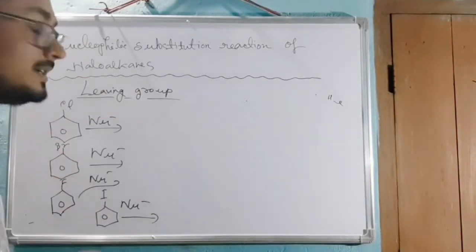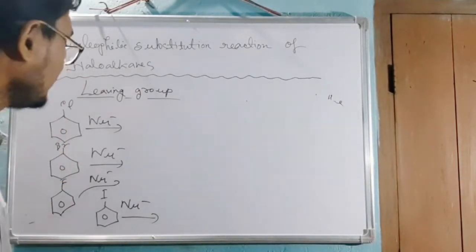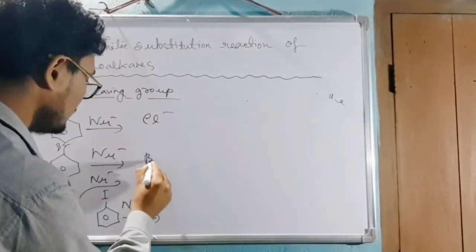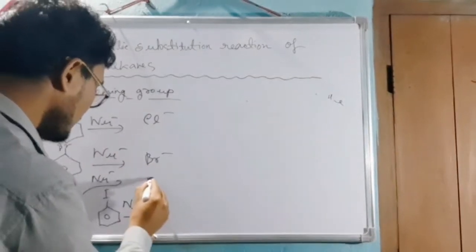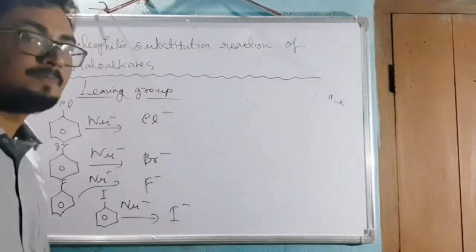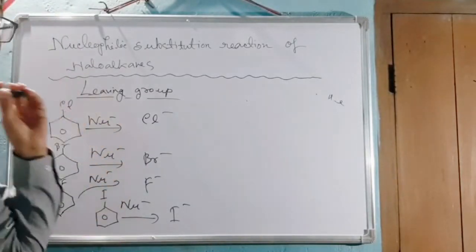Which one has a better leaving group? Cl minus, Br minus, F minus or I minus, which one has a better leaving group?